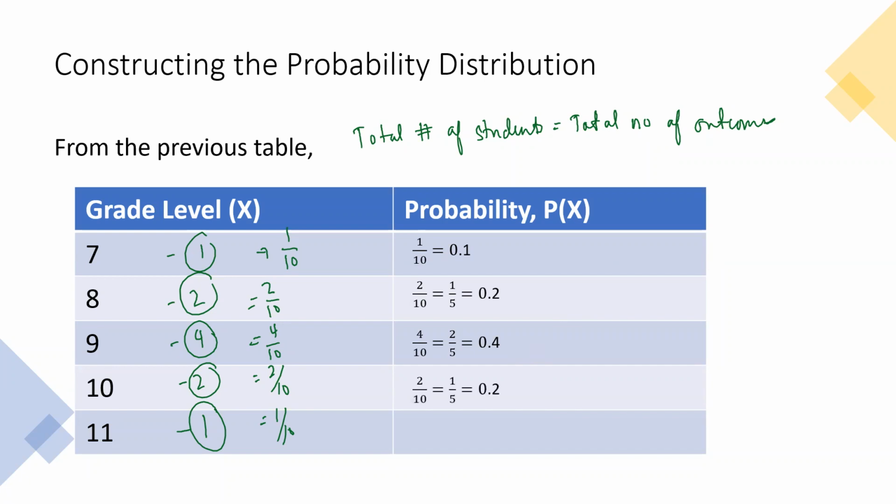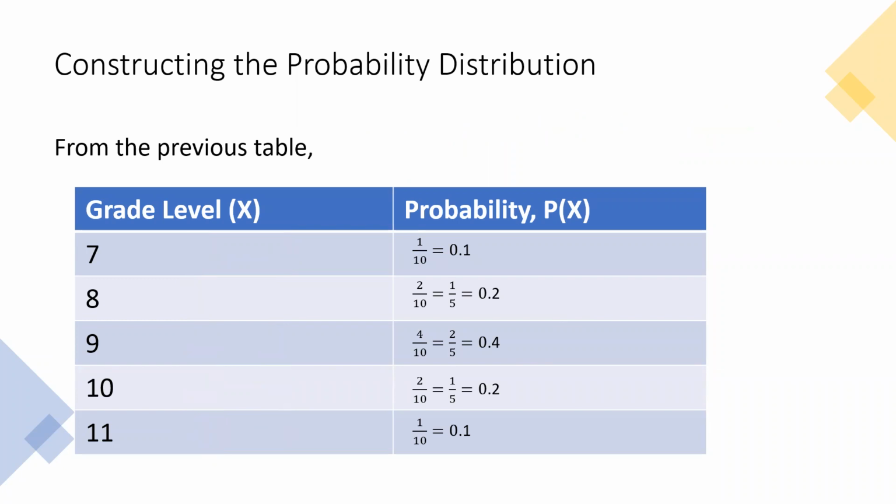And also for the grade 10, it's the same as the grade 8. And for the grade 11, it's 1 over 10, which is 0.1. So, it's matching, di ba? Okay. So now, we have determined the probability for each grade level. So now, we're going to find the mean, standard deviation, and variance of the given data.